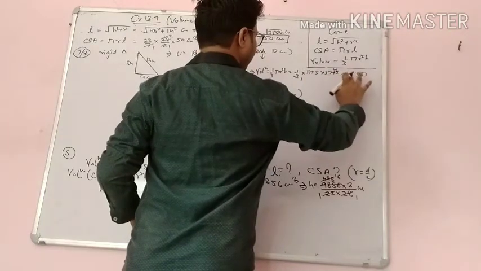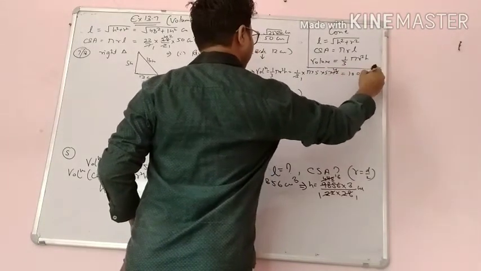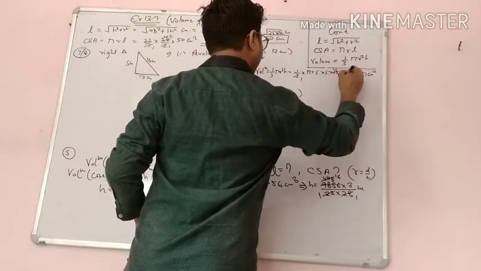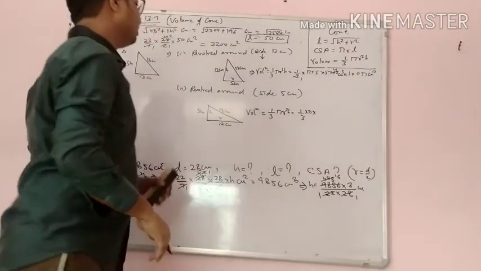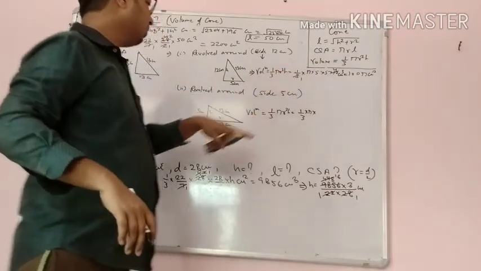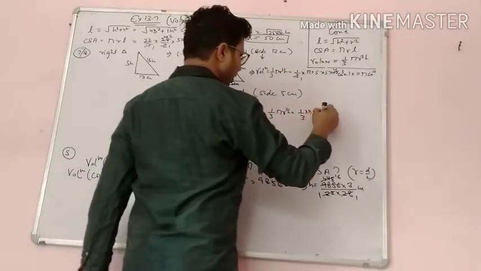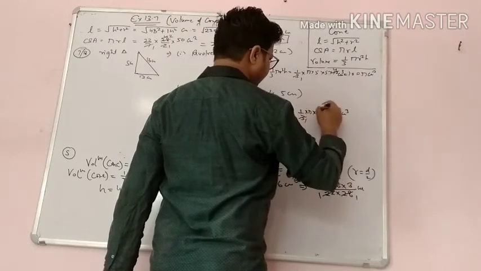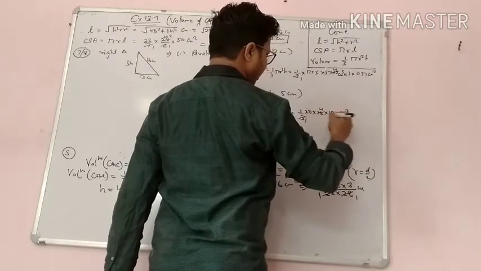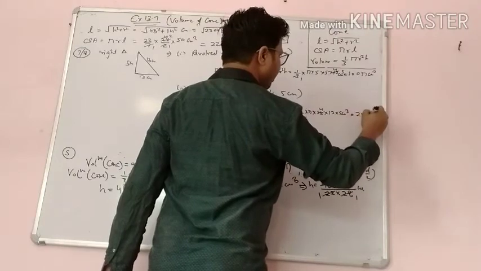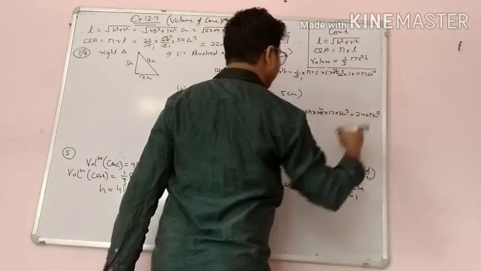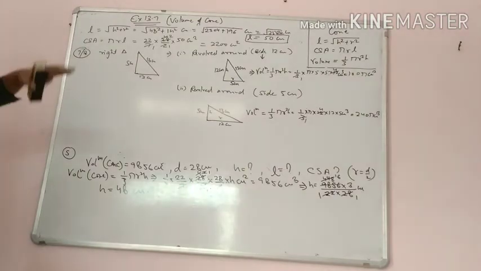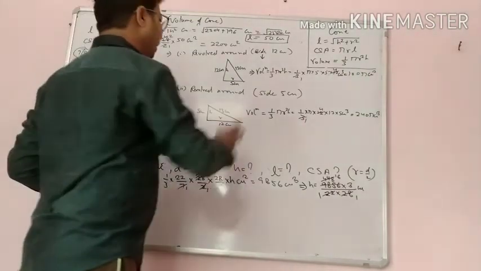Here the radius is 5 centimeter, sorry, and here the radius is 12, so 12 multiplied by 12 into 5 centimeter cube. If I simplify, it is 240 pi centimeter cube. Now, if I find out the volume ratio, we can find out the ratio between their surface area also.